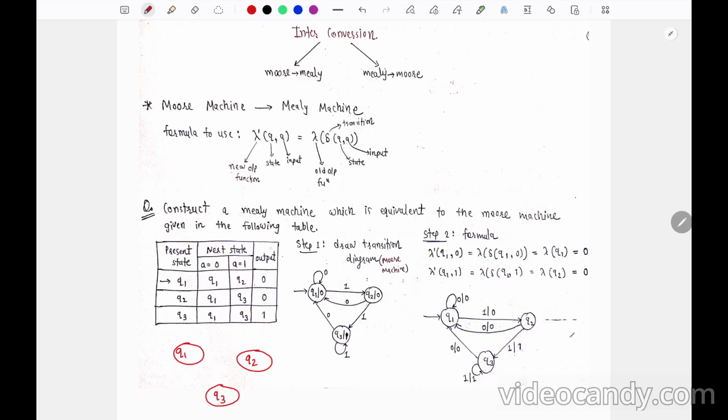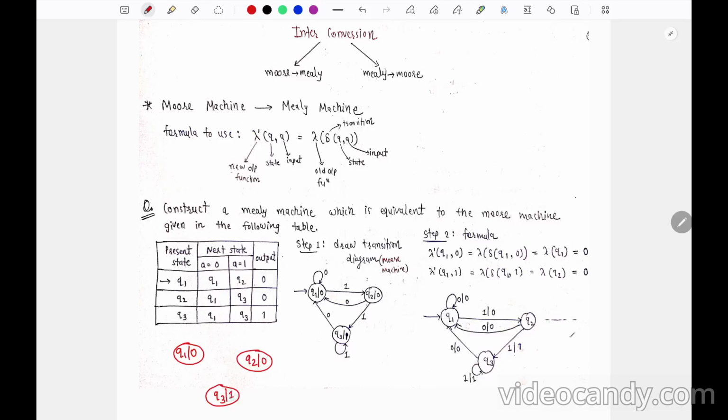Now we will look at the output, and we will assign the output beside each state. The output of the Q1 state is 0, so we will write it here. The output of the Q2 state is 0, and the output of the Q3 state is 1.